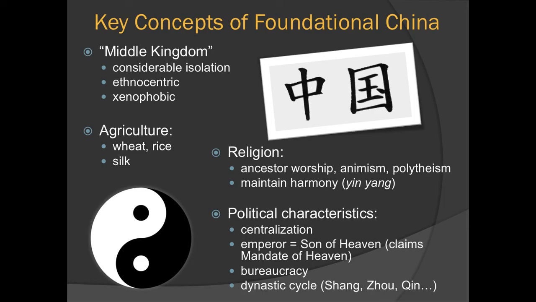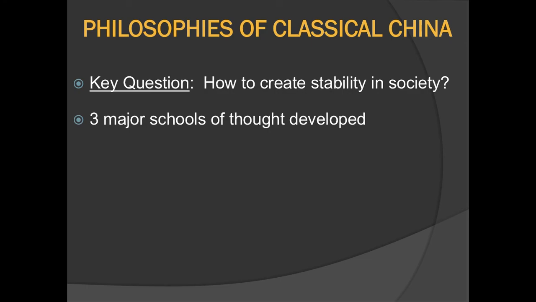So all the dynasties, they are in order, the Shang, Zhou, Qin, Han, Sui, Tang, Song, Yuan, Ming, and Qing. All right, so when one dynasty ends, it seems inevitable that another one's going to rise. And we'll talk more about this dynastic cycle in a little bit. I'll give you some more explanation on that.